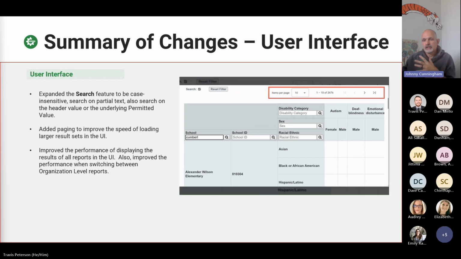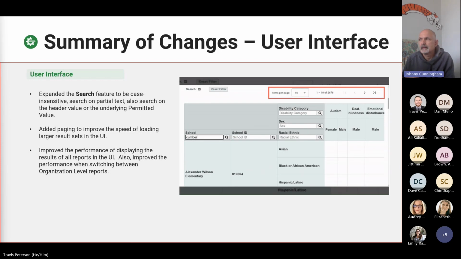In this cycle we had membership, and membership at the school level is obviously a very large set of data. What it used to do is try to build that entire set of data and then display it on screen, so sometimes there was a lag. It would start to display data, but then the screen was sluggish if you were trying to scroll.